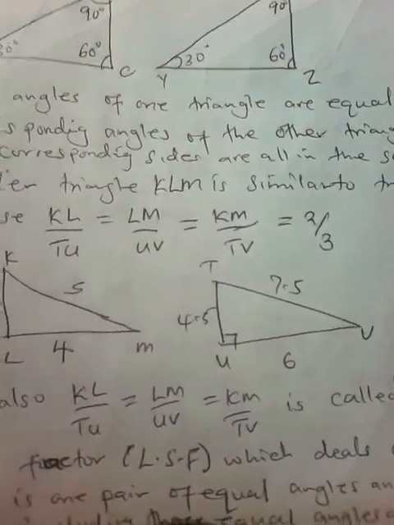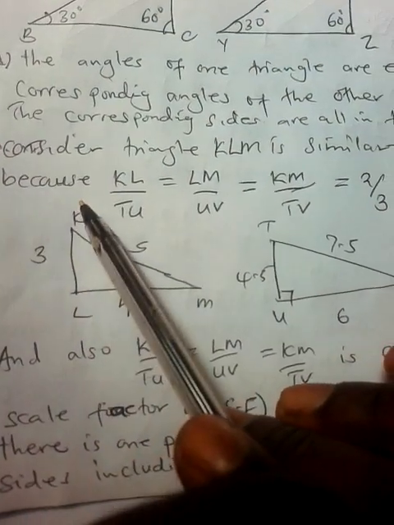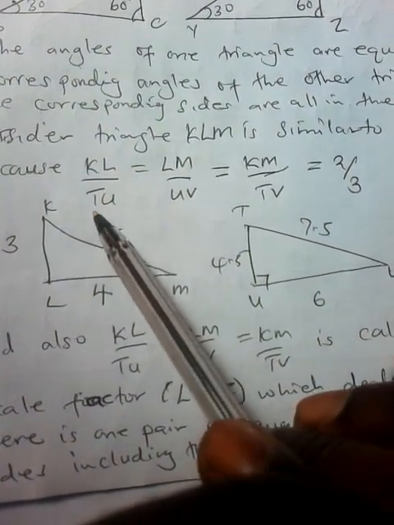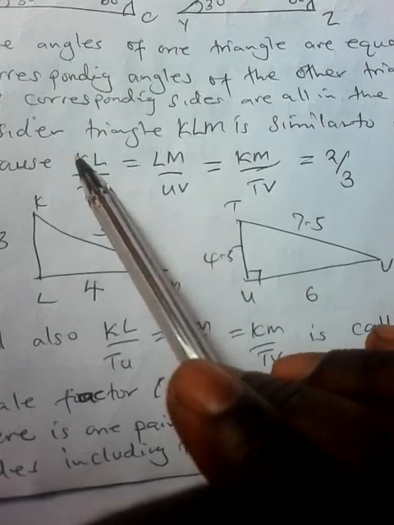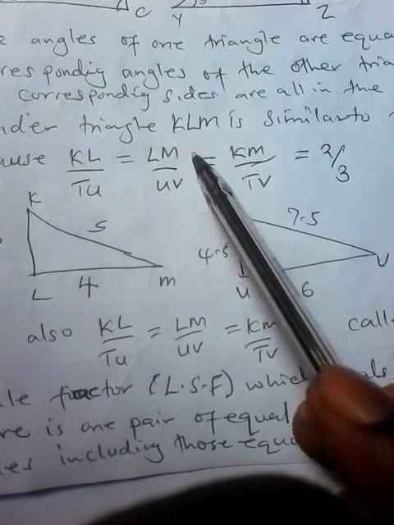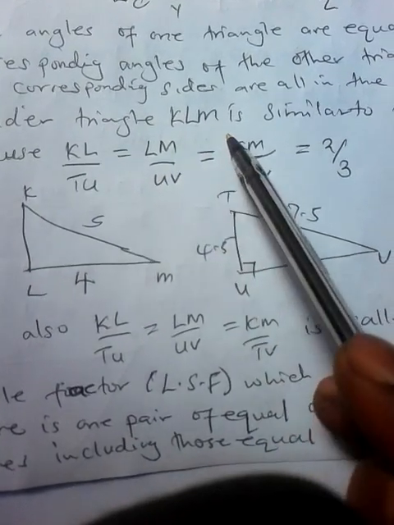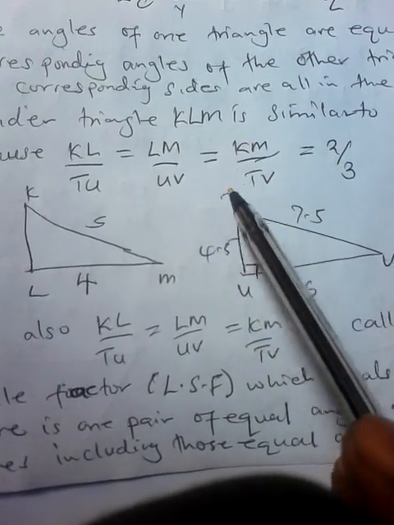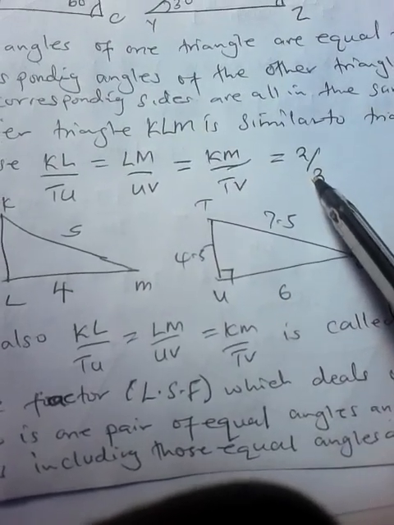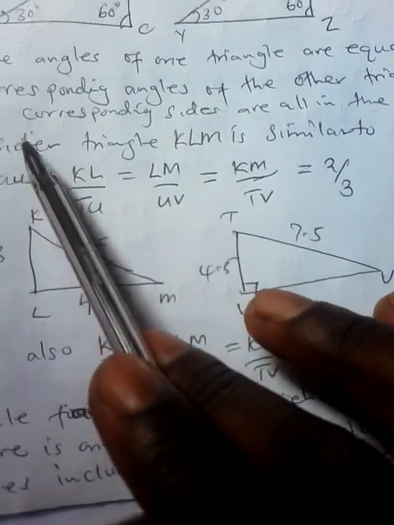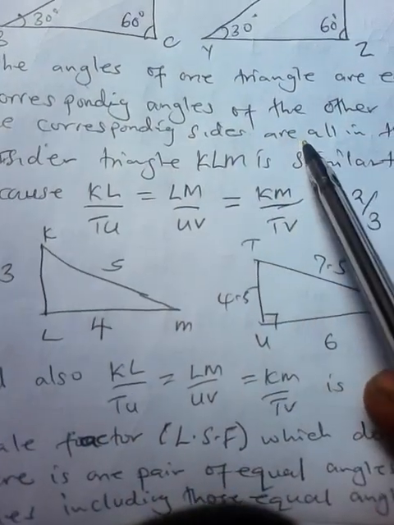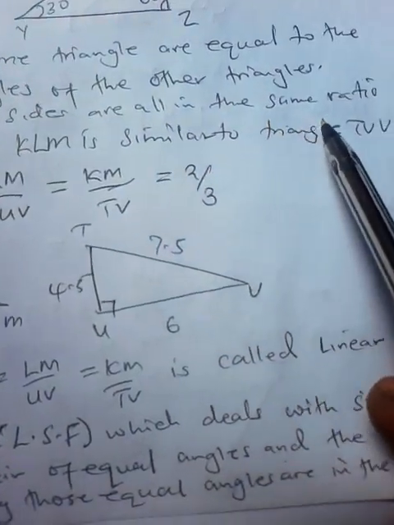So these are two triangles which are similar because KL divided by TU equals LM divided by UV equals KM divided by TV equals 2 divided by 3. This comes from the property, which says the corresponding sides are all in the same ratio.